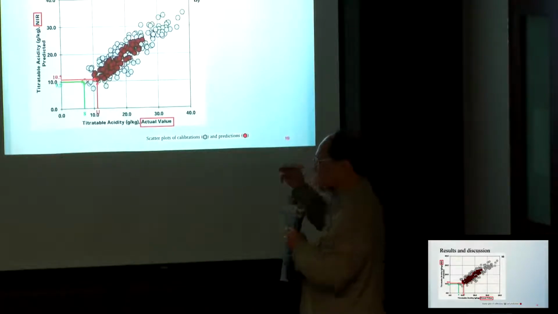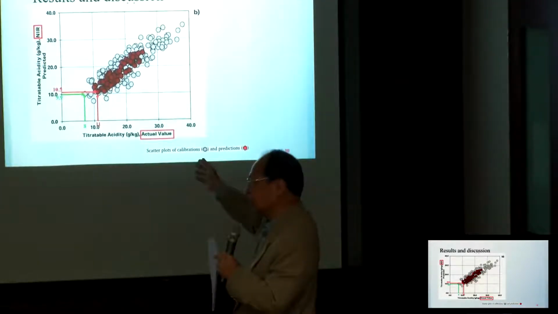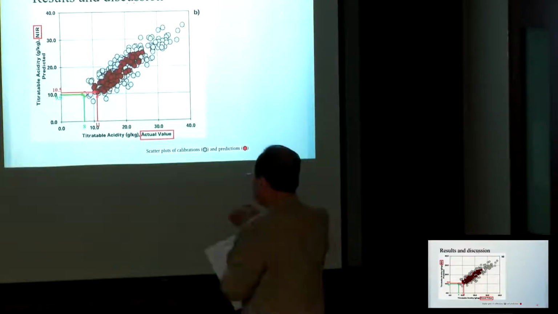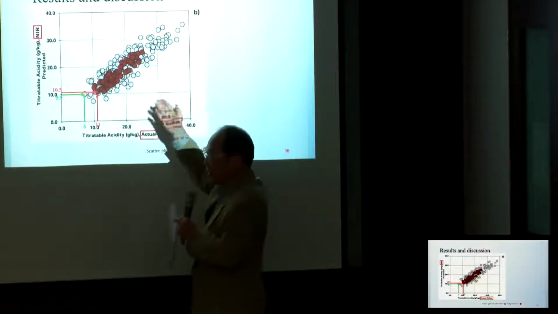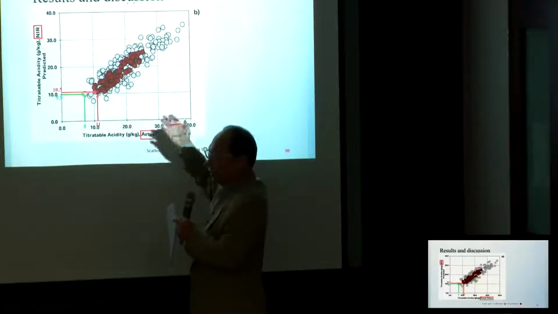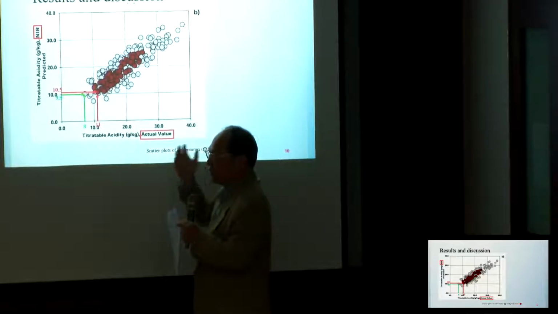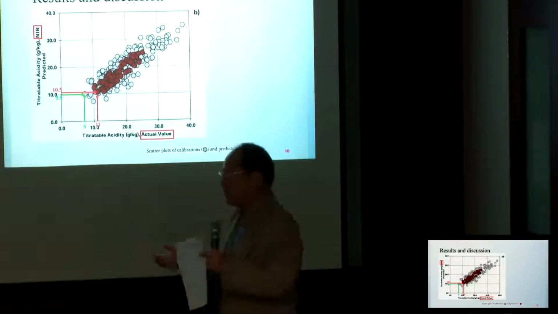You show us the three plots like this, but it did not show how the model was built. For example, was it MLR or PLSR, some kind of regression model, and what's the correlation coefficient and the standard error?